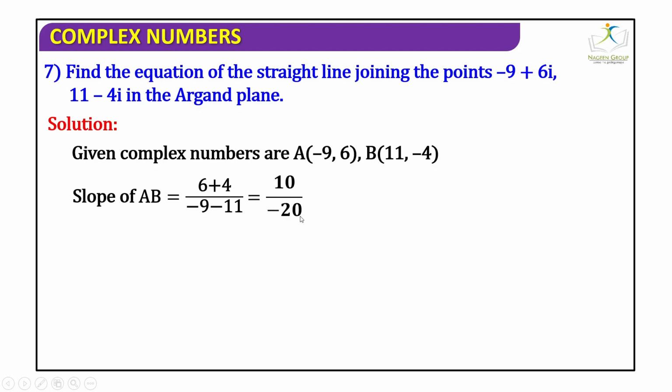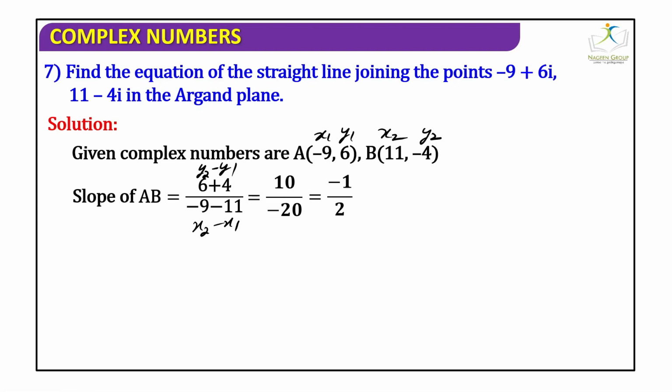Okay, I am writing the formula here. This is x1 y1, this is x2 y2. Formula is y2 minus y1 divided by x2 minus x1. Okay, you can take minus sign common. Your wish, right? Now this equals -10 by 20, which is equal to -1 by 2.